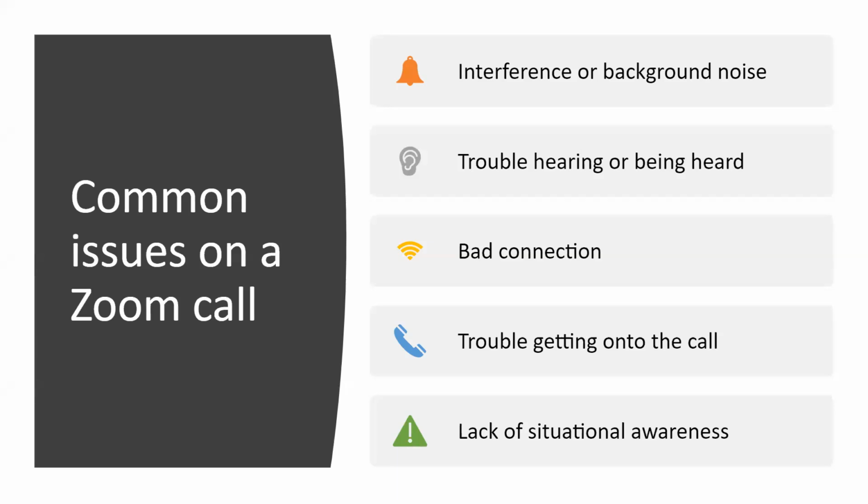But whatever you can do to avoid that, just being aware is helpful. And if you're worried about what's going on behind you or in your space, feel free to use those virtual backgrounds that we talked about earlier.